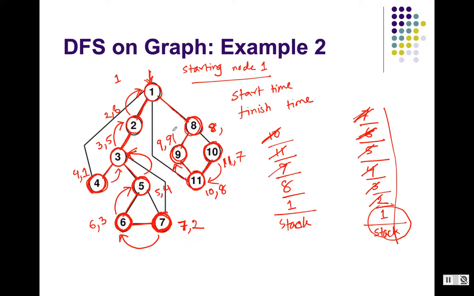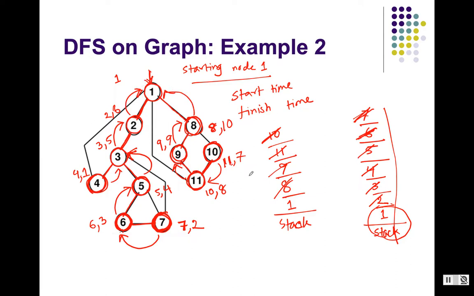From 9 we go to node 8, so we'll pop node 8. Node 8 doesn't have any other node to explore either, and we'll update the finish time, 9 plus 1, 10. Then we'll go to node 1 from 8.